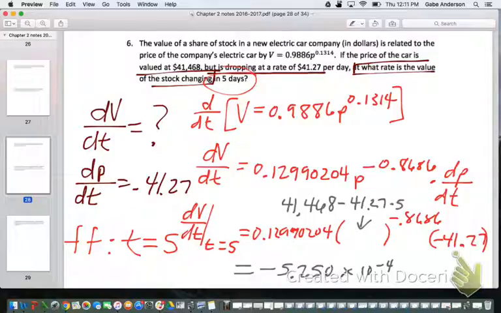V stands for value measured in. T stands for measured in. So it would be dollars per day. So the Leibniz units, the dV dt should tell you about, or the Leibniz variable should tell you about your units. So dollars per day.